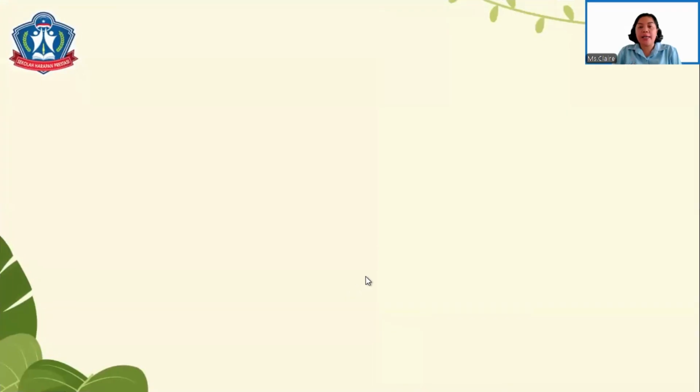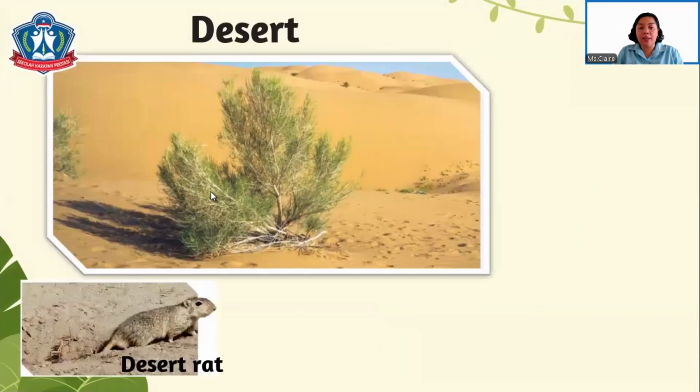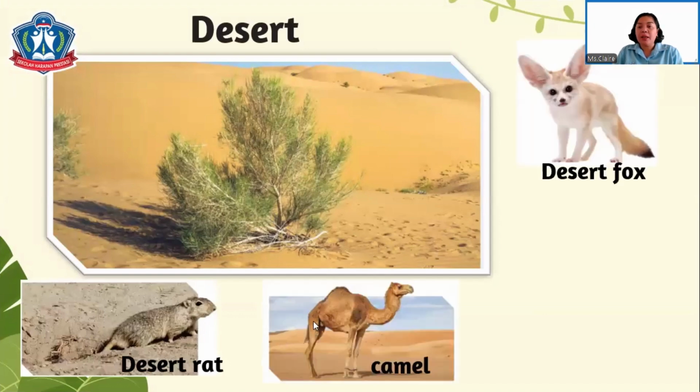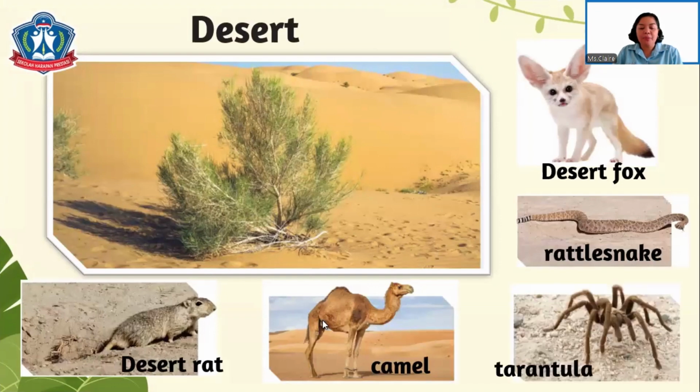Another kind of habitat is the desert. We know that this is very hot. The desert rat, camel, desert fox, rattlesnake, and tarantula live in the desert because they are suited to the heat.